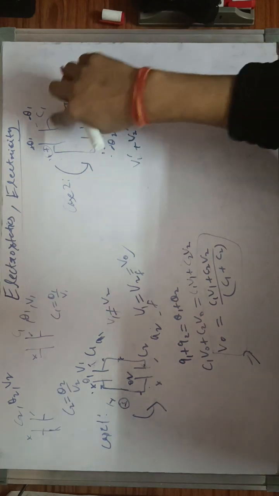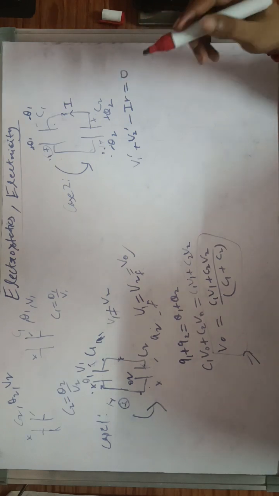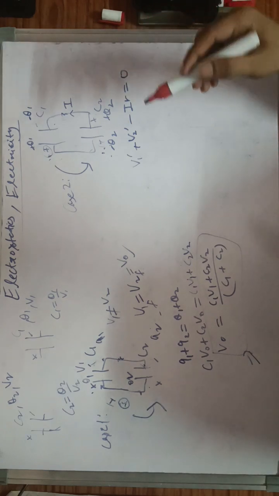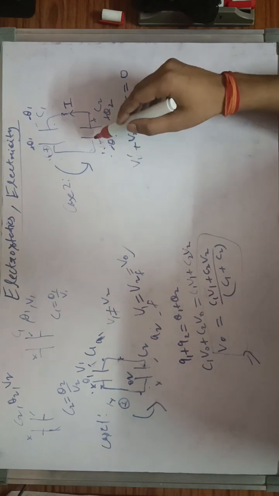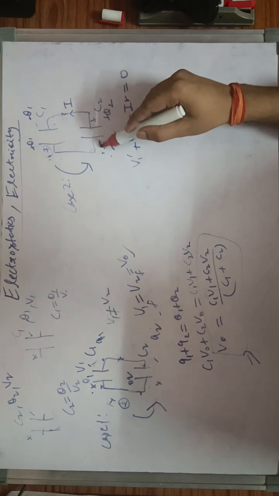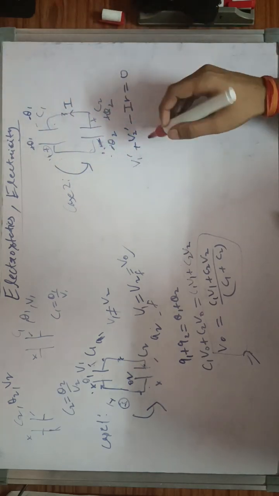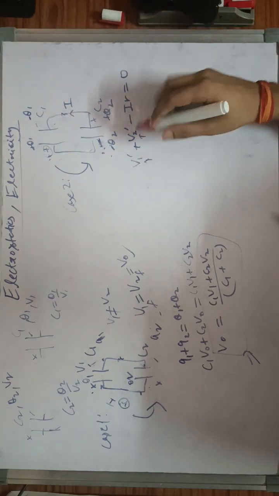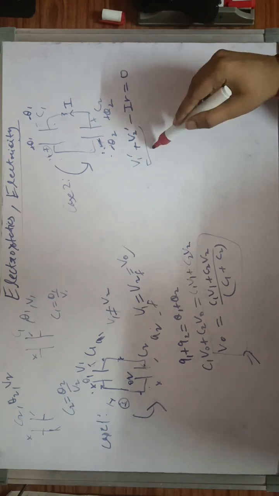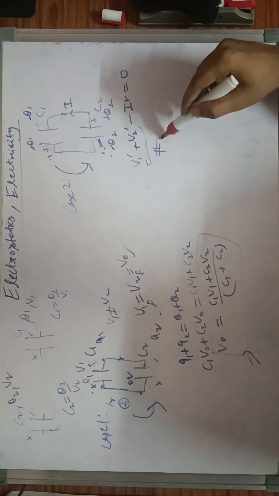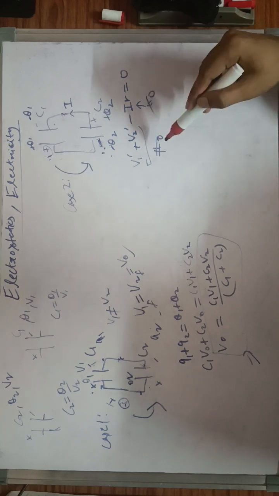Since current flows from positive to negative side, it would be minus IR, that is equal to 0. Now, if there is negative charge here in the final state, then since these two are positive values, this value will never become 0. So this current will never be equal to 0.